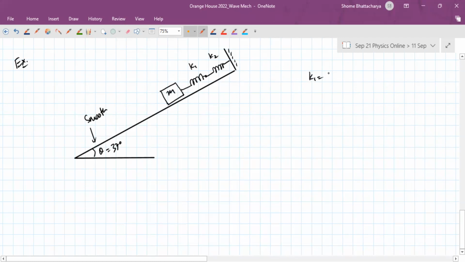K1 is 6 newtons per centimeter and K2 is 12 newtons per centimeter. And the mass of the block is, say, 1 kg. Take G as 10 meters per second square and take sine 37 as 3 by 5. So all this information is given.